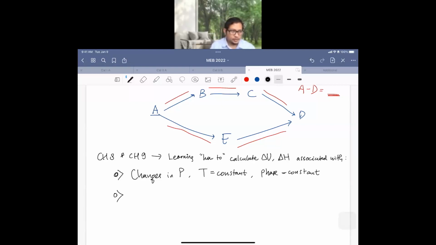And then second, there will be a change in T. So the state means temperature, pressure, and the phase or aggregation. So change in temperature, pressure is constant, and phase also constant.